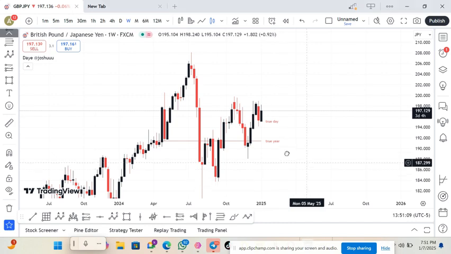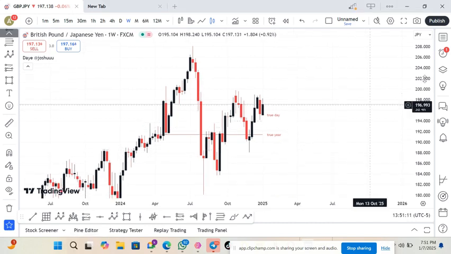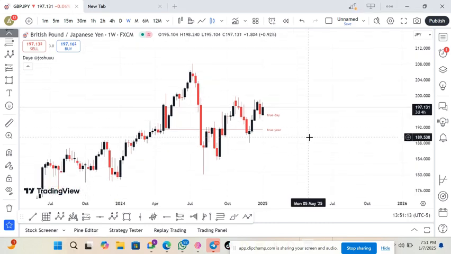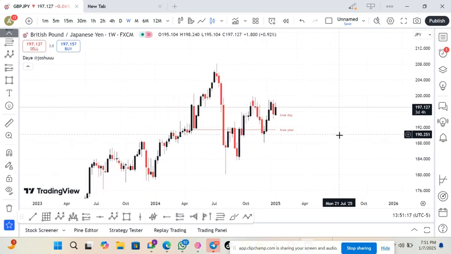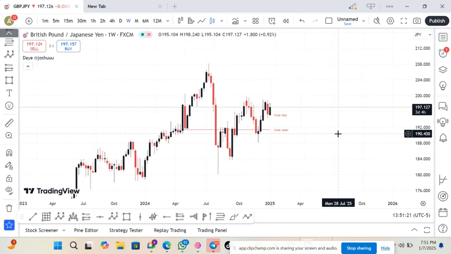I'm going to talk about how to spot a reversal trade using the opening price theory and a little bit of market structure theory as well.